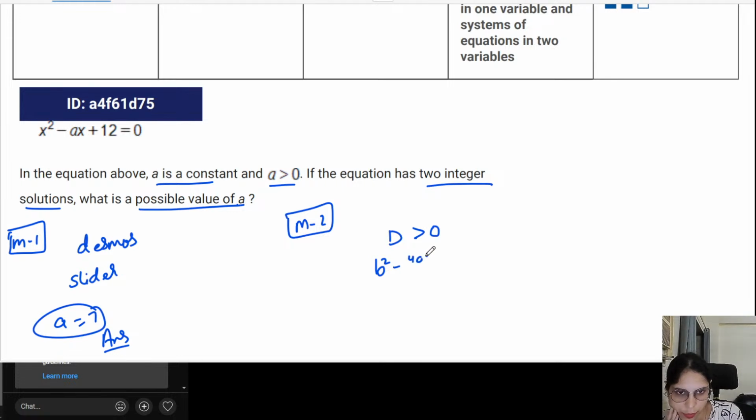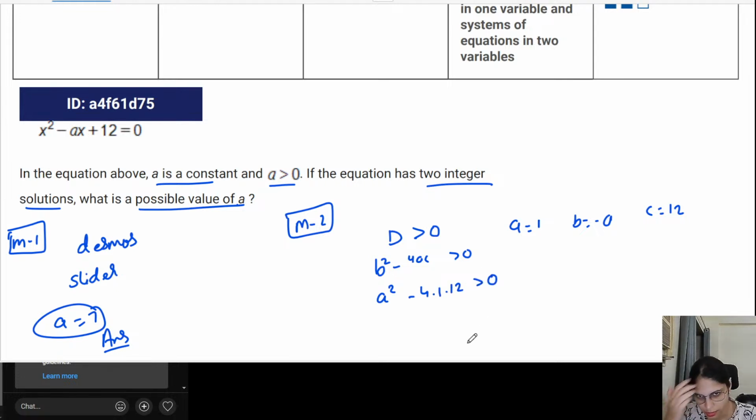So b squared minus 4ac has to be greater than 0. In this particular question, a is 1, b is negative a, c is 12. So a squared minus 4 times 1 times 12 has to be greater than 0. A squared minus 48 has to be greater than 0. A squared has to be greater than 48. So a has to be greater than square root of 48. That's approximately 6 point something.